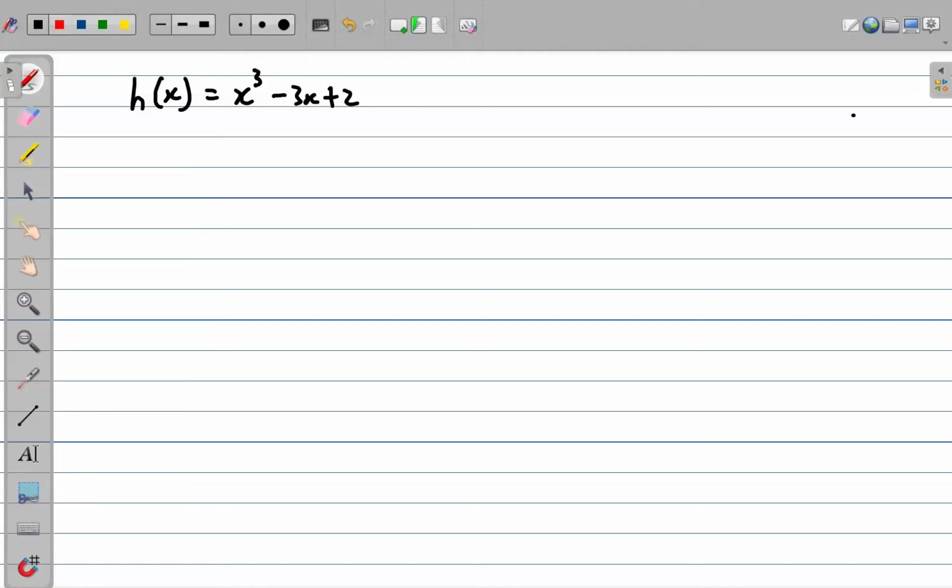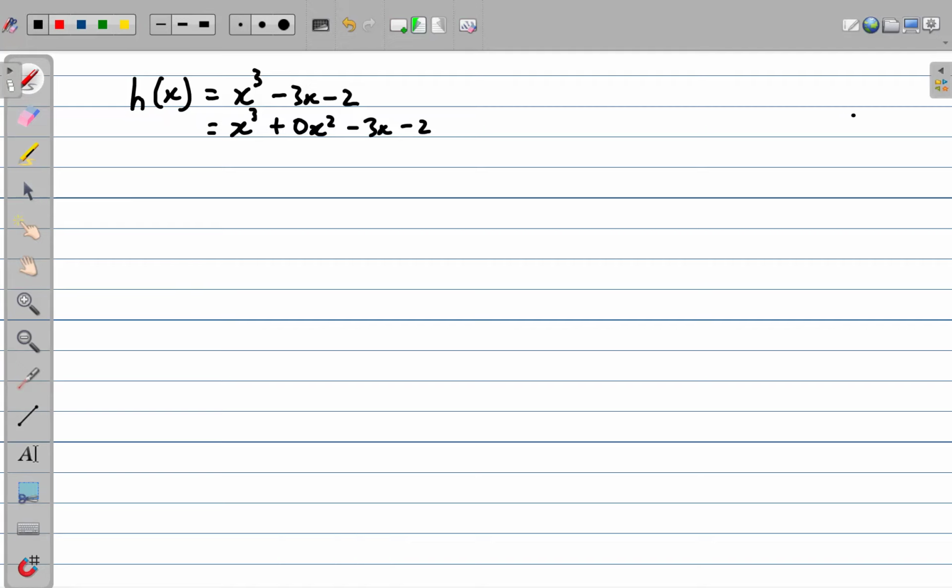Now, here I notice that there is no squared term. So it should be like this. There's no squared term. In other words, you've got x cubed and the squared term actually has a 0 coefficient. That is exactly what is happening.